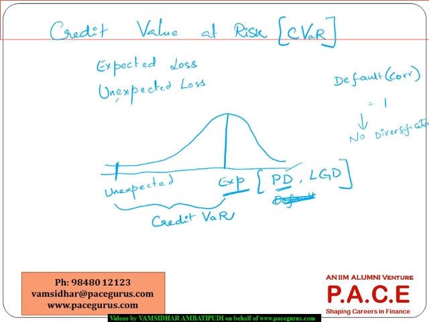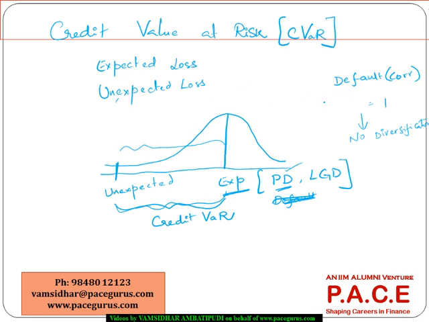If it is one single position, there is no reduction in the credit VAR, because the volatility does not come down, the variance does not come down, and so the VAR is not coming down.